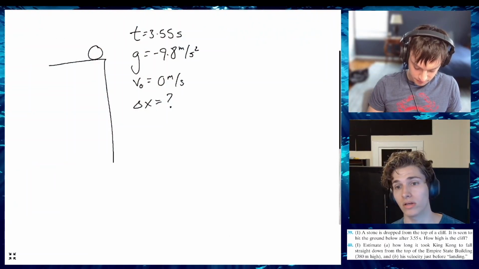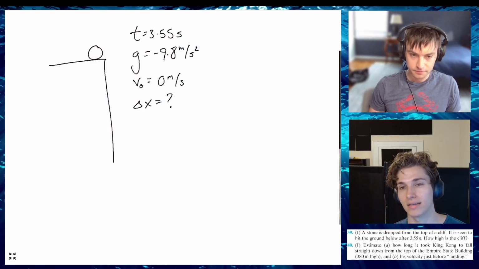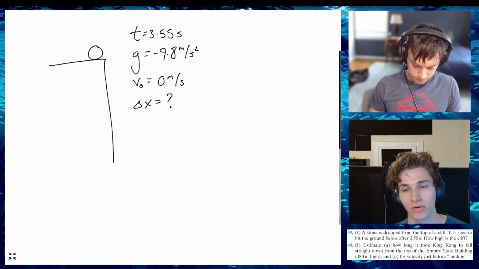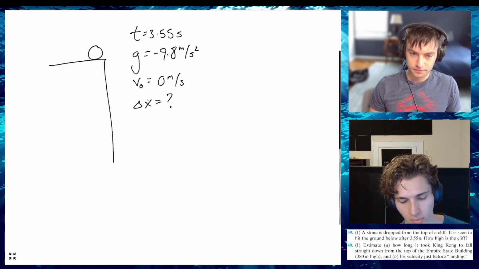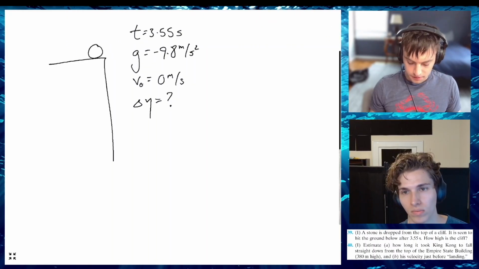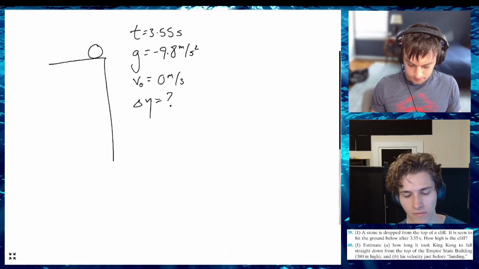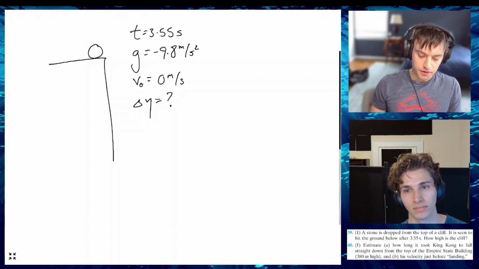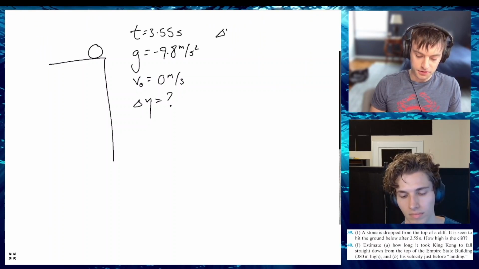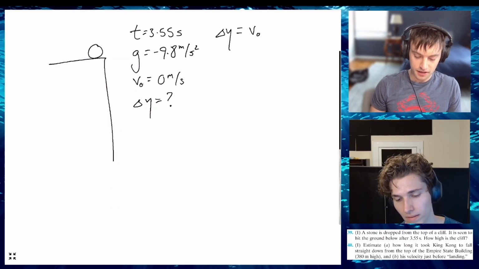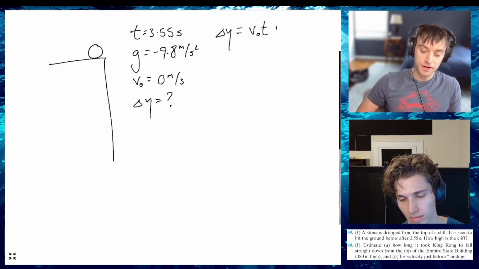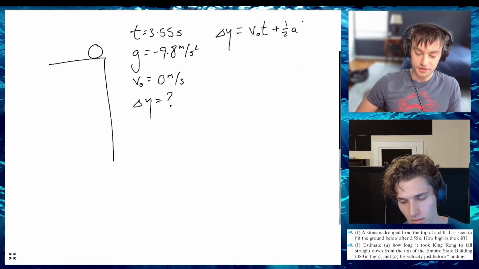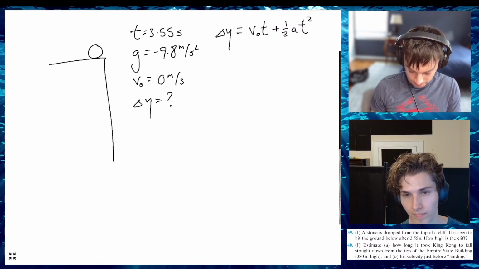We are looking for delta x, the change in position, or the change in height. If you want to call this delta y, that's also an option. What equation can we use that's going to help us solve for delta y using these other variables? So we could use delta y equals initial velocity times time plus 1/2 times acceleration times time squared.